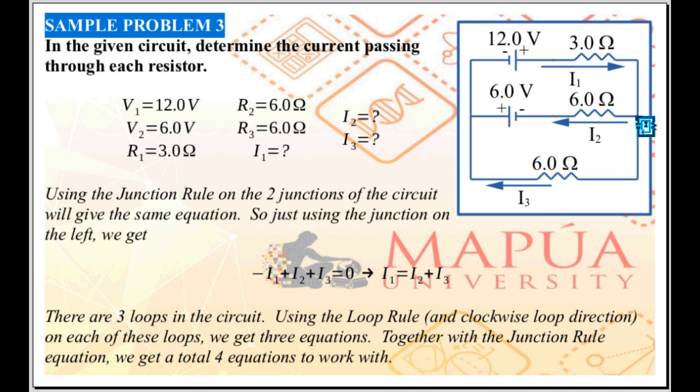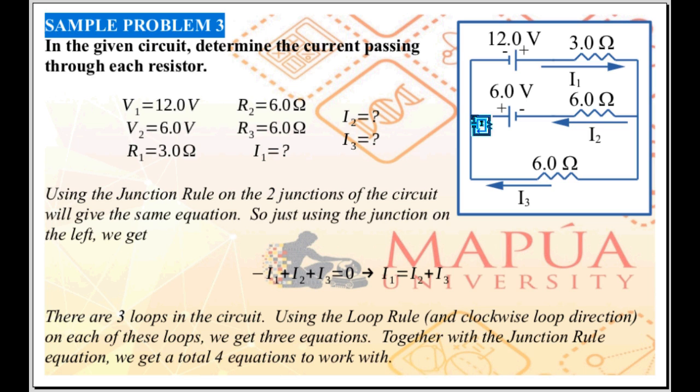Looking at the other junction, we see that the same currents are involved, which means applying the junction rule on this junction and on the second junction will give us the same equation. So, we'll just use one junction in our analysis. Just using the junction on the left, we get the following equation.